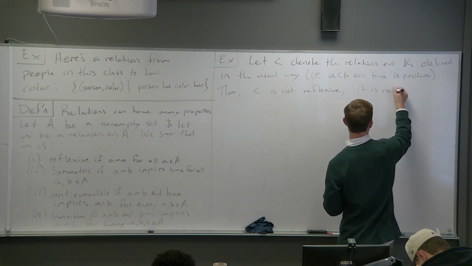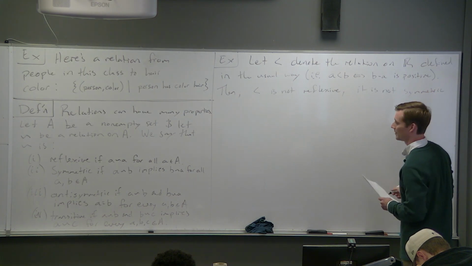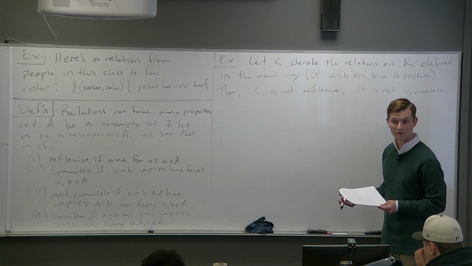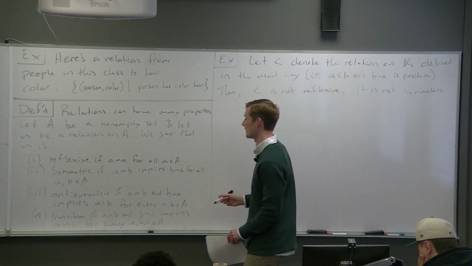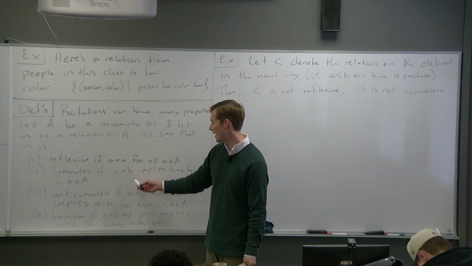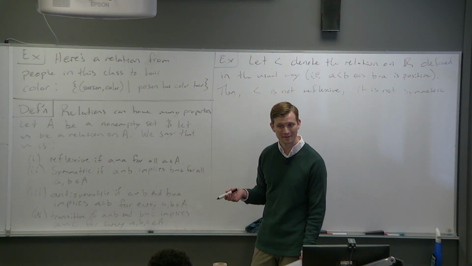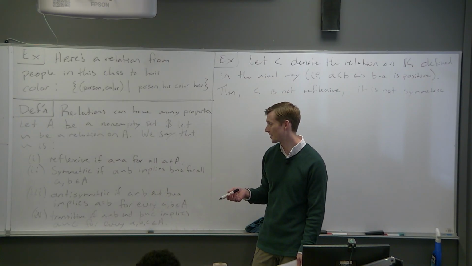It is not symmetric. Is it? No, not symmetric, right? Since if you have, say, 3 is less than 5, that certainly does not imply that 5 is less than 3, right? It's explicitly not symmetric.